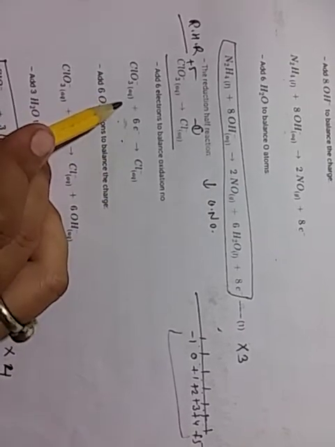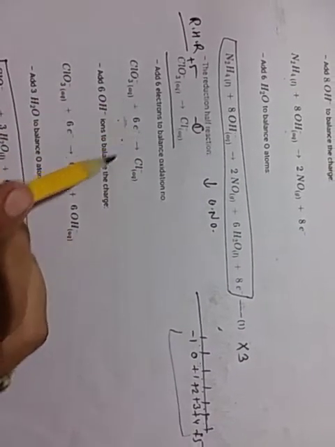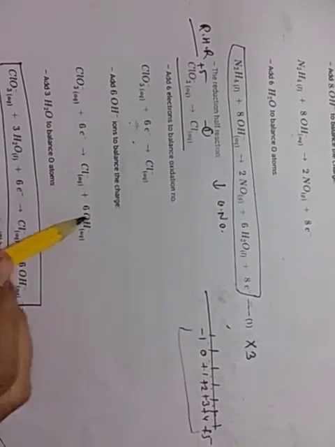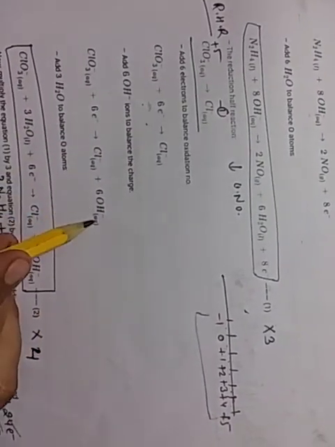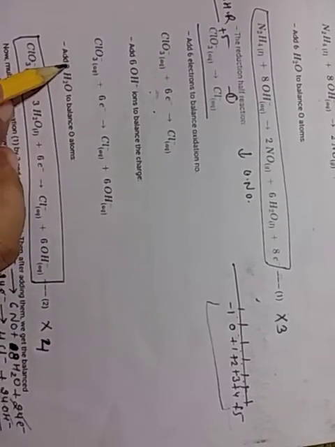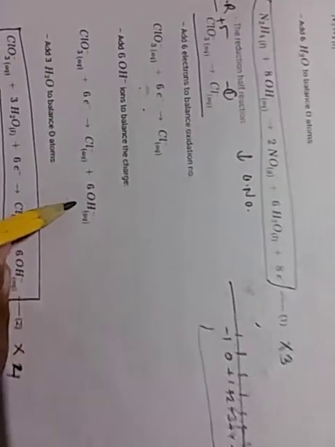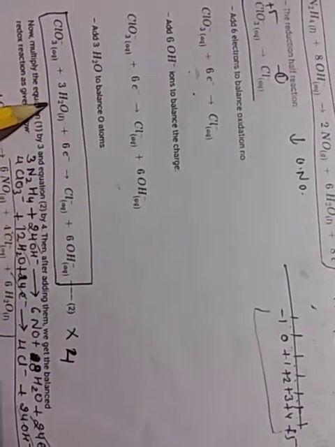Then for balancing oxygen in basic medium, write 6 OH minus on the right-hand side. Then for balancing hydrogen and oxygen we write water molecules on the opposite side, which means, since OH minus is on the right-hand side, we add water molecules on the left-hand side.